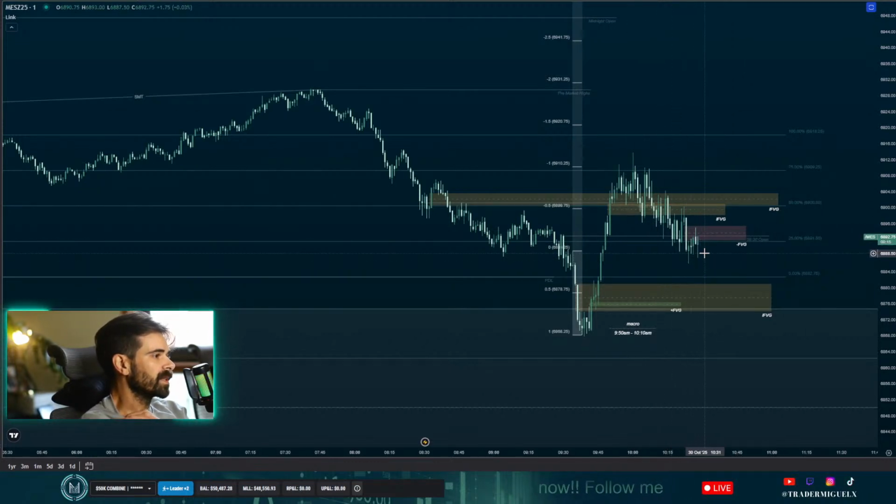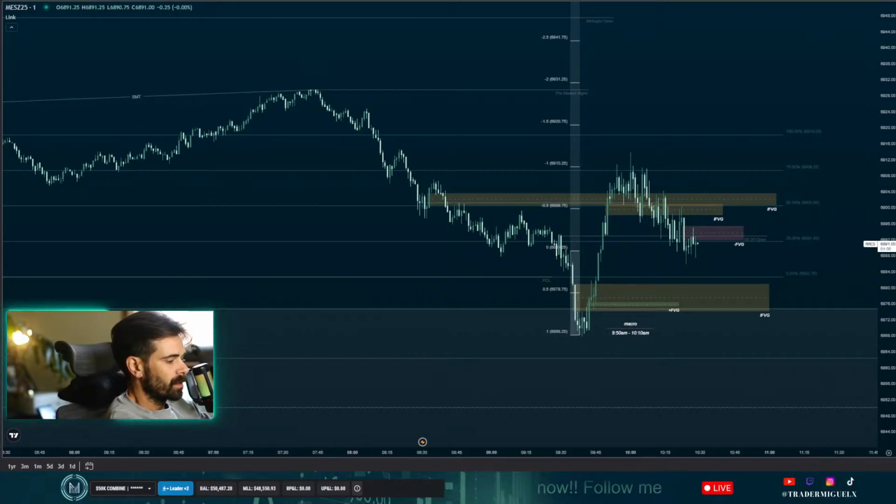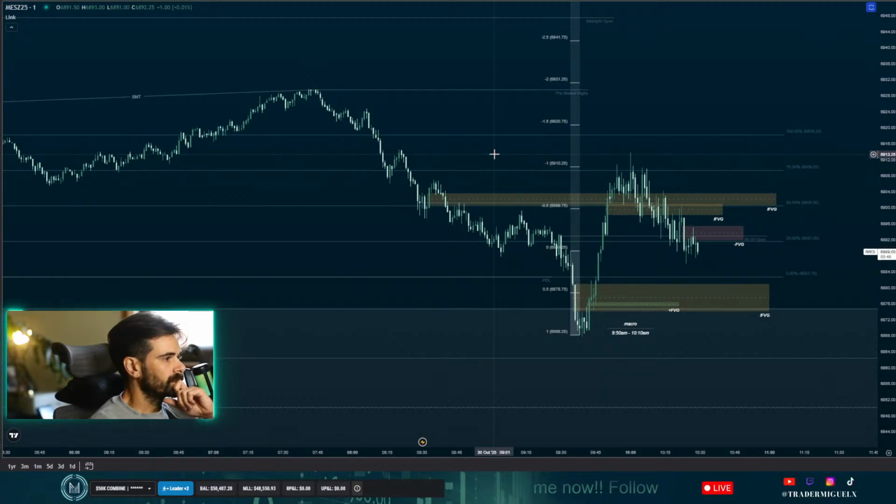I don't like to be in this type of price action for shorts. But it's heading to the downside.